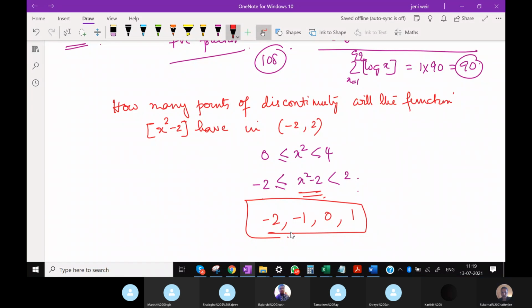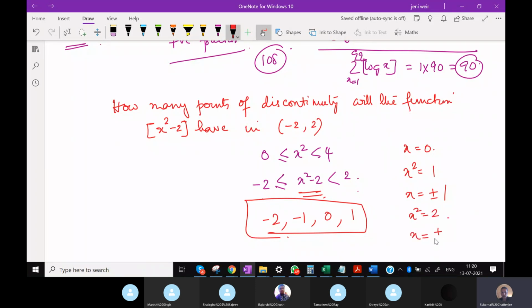So that means, what would be the points of discontinuity? The points of discontinuity will be x square minus 2 equal to minus 2, which means x is equal to 0. Then x square minus 2 equals negative 1, which means x square equals 1. That means x equals plus or minus 1. Then x square minus 2 equals 0, so x square equals 2.